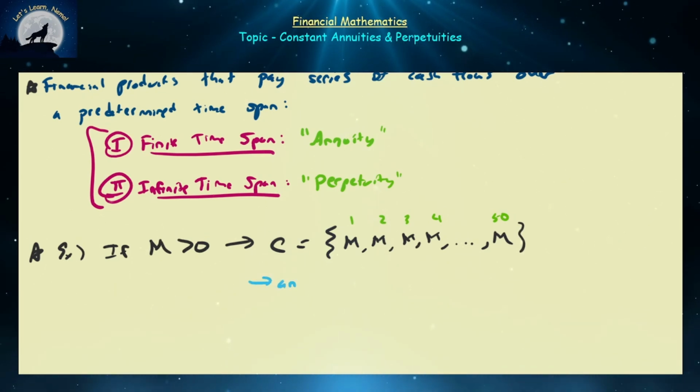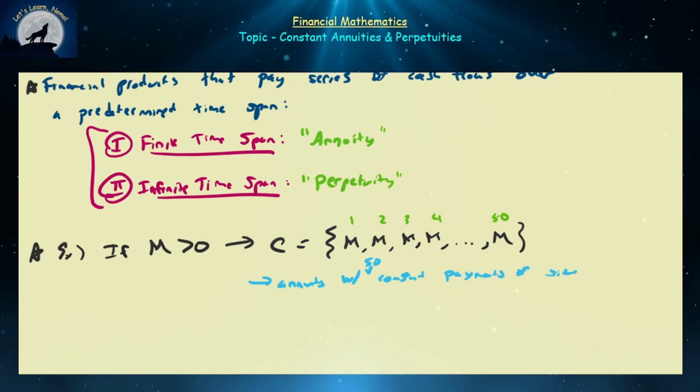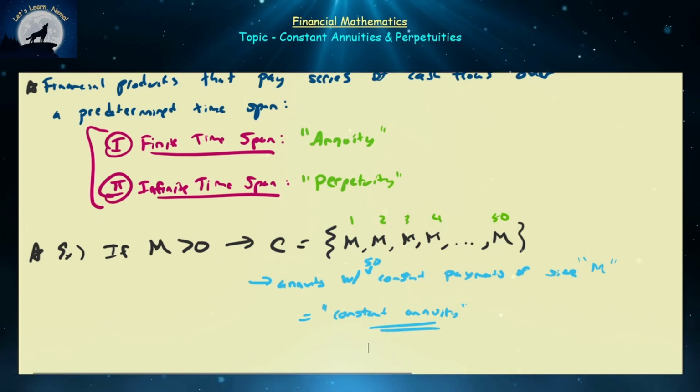Well, this is just an annuity, because it stops at a finite particular amount of time with constant, in particular 50 constant payments of size M. And this actually is called a constant or a fixed or a level annuity.